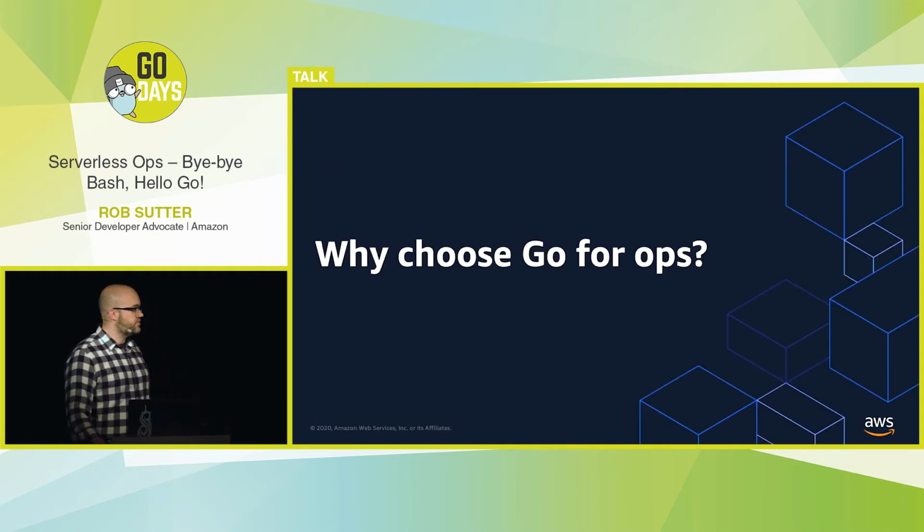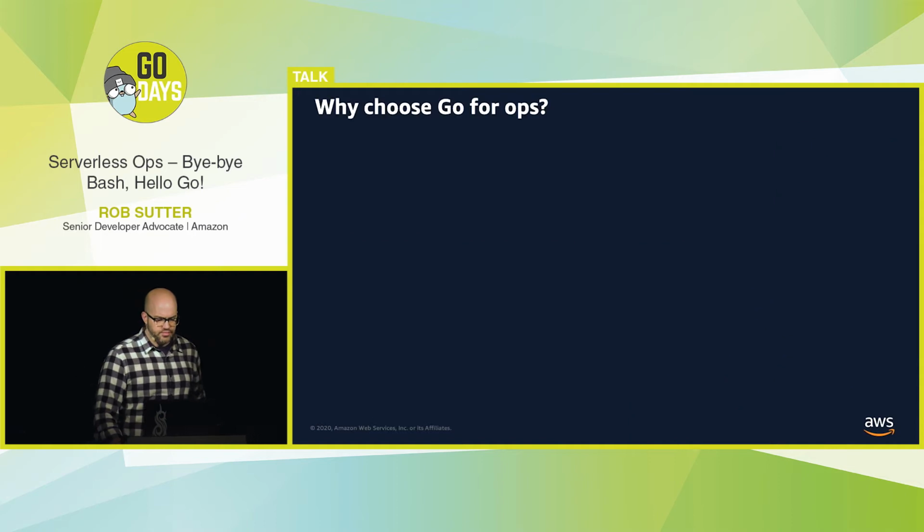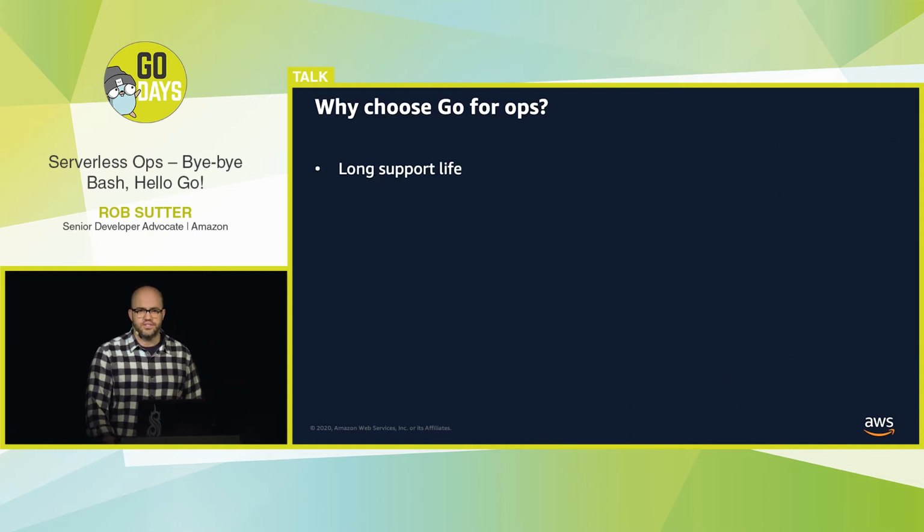So why choose Go for ops? The first reason relates to what I talked about with those service integrations. There is a very long lifetime for Go, in particular in the cloud. When the designers of Go made that 1.x contract that anything written in a version of 1 would run in a later version of 1, that was a very powerful statement for cloud applications where everything changes. You don't have this idea of deprecation.